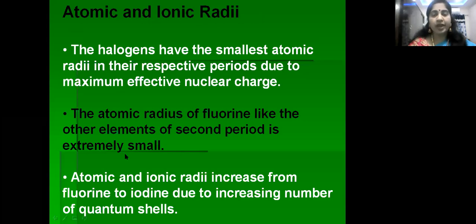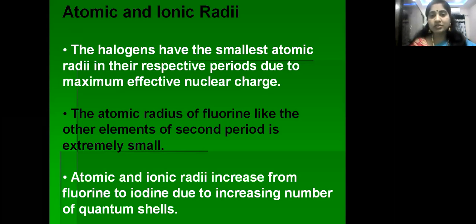Next, coming to atomic and ionic radii. We know that in a period, if you move from left to right, what happens? The number of electrons increases in the same shell, and the number of protons also increases. Due to that, effective nuclear charge increases. As effective nuclear charge increases, the size of the atoms goes on decreasing. So in a period, if you move from left to right, size decreases.